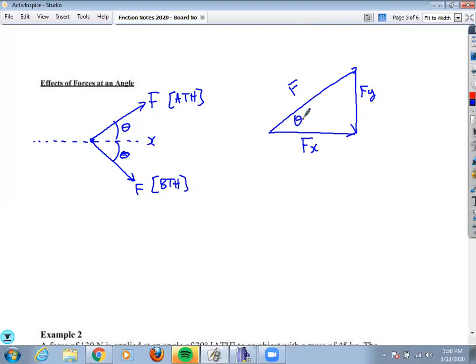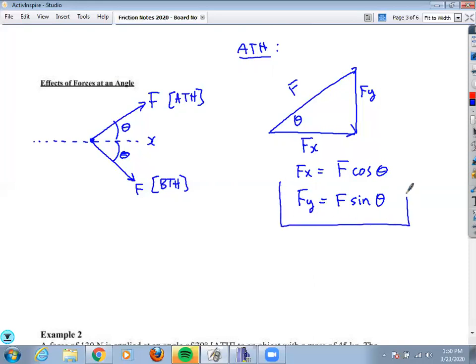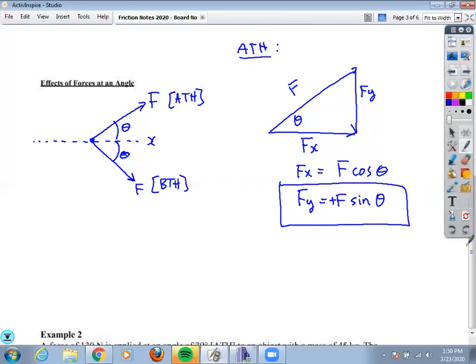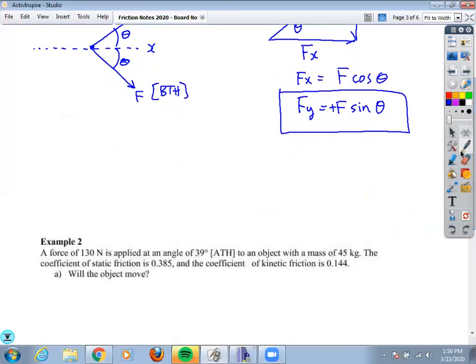So if this is above the horizontal, then Fx will be F cos theta, and Fy will be F sine theta. Very important for Fy: if it's above the horizontal, it's positive, it's going up. Whereas if it's below the horizontal, I'll draw the picture here.